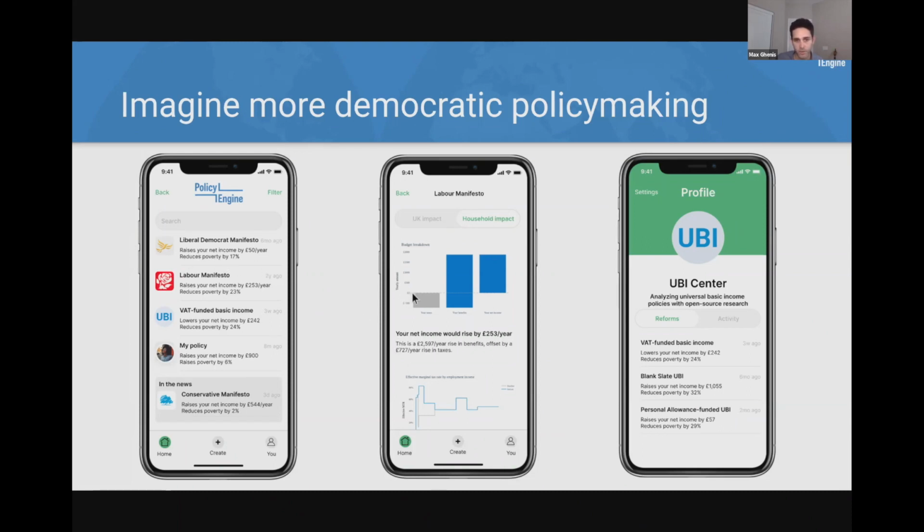You can click in to see all the details I went through before, and click into profiles to see what kind of policies individuals have put forth, all unified and enhanced by more accurate, more robust data underlying it.